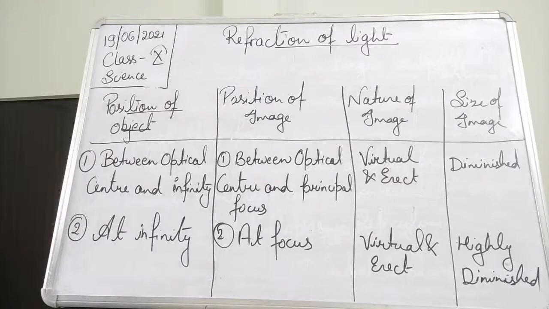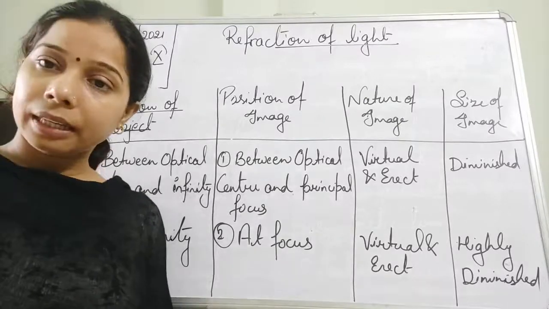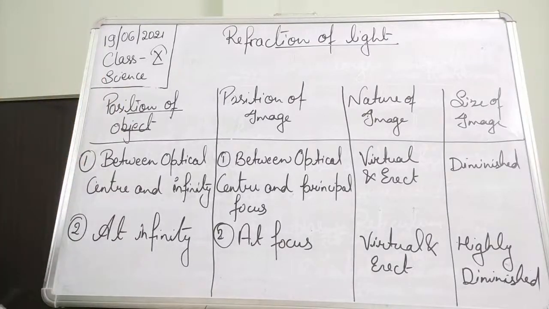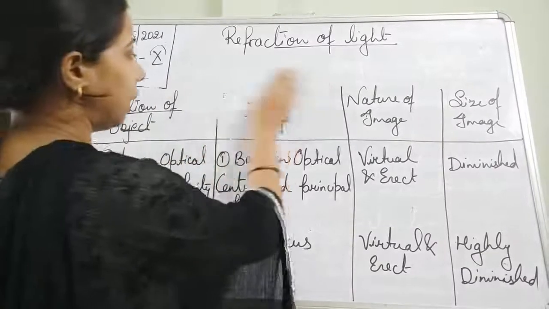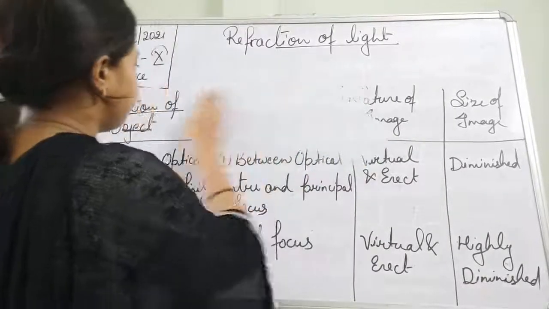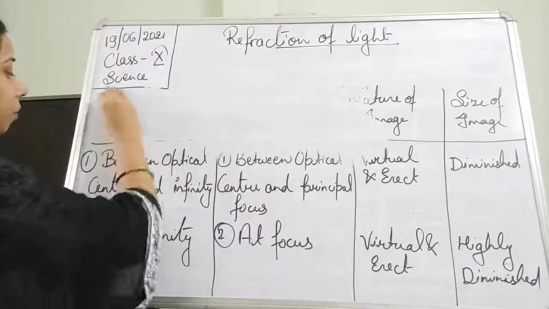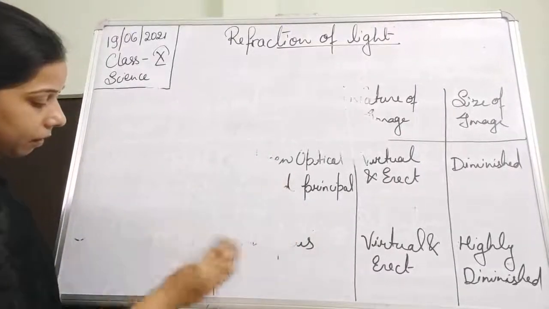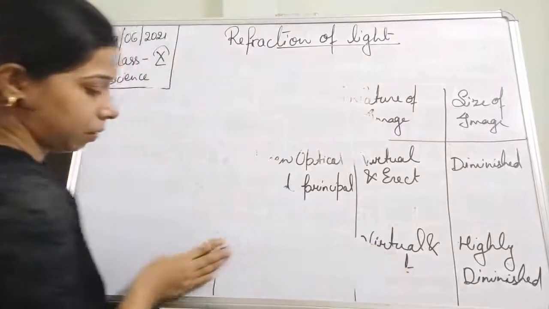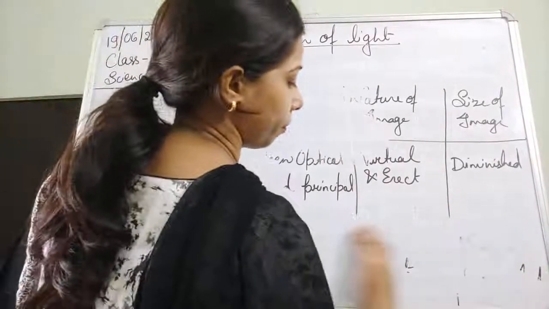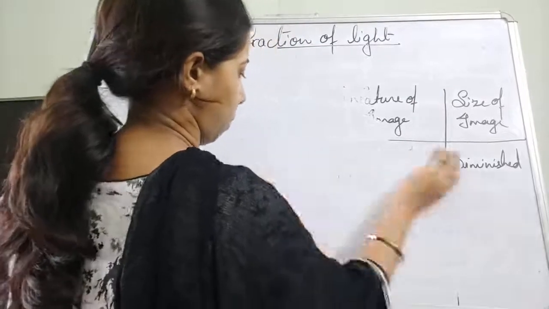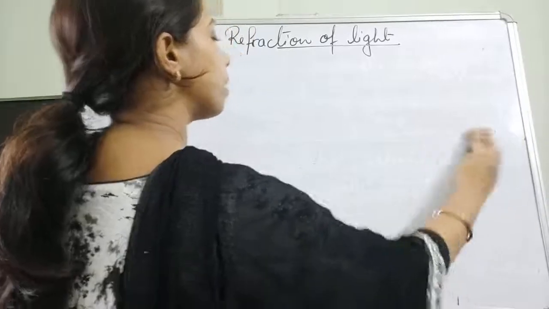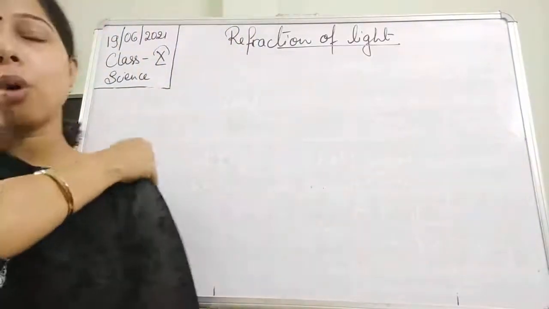Now, how can you distinguish between a concave lens and a convex lens?